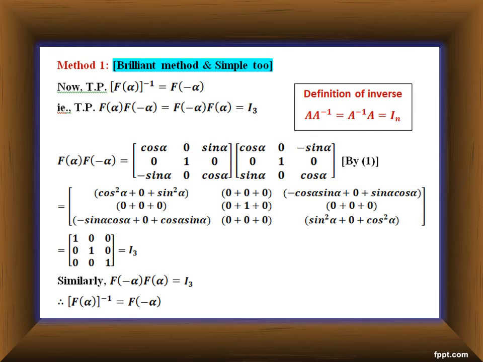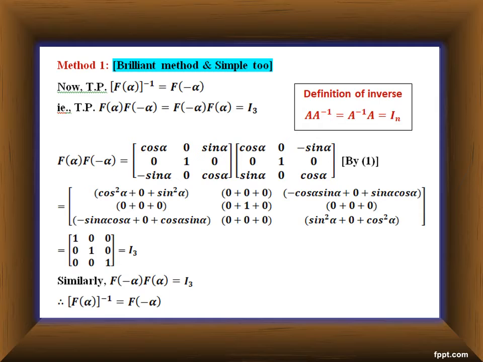First method. Actually, this is the brilliant method and simple too. Now, we need to prove f of alpha the whole power minus 1 equals f of minus alpha. That is, inverse of f of alpha is f of minus alpha. We know by definition of inverse, A into A inverse equals A inverse into A equals I n.